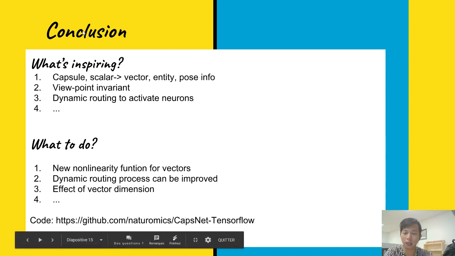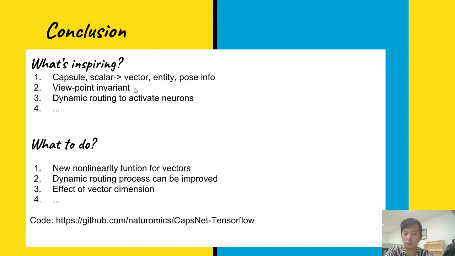They chose 8 dimensions for the primary capsule vector in this paper, and 16 dimensions for the digit capsules. Does the vector dimension affect the results a lot or not? And the last one is how to apply this concept to more complex data like ImageNet. It's still an open question.